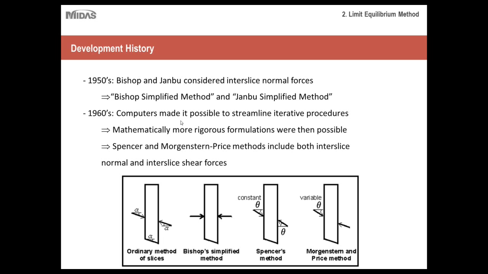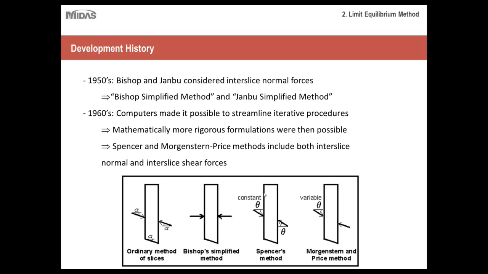And then in the 1960s, computers made it possible to streamline iterative procedures. Therefore, mathematically more rigorous formulations were then possible. Two prime examples of this are the Spencer and the Morgenstern-Price methods, which include both interslice normal and interslice shear forces.